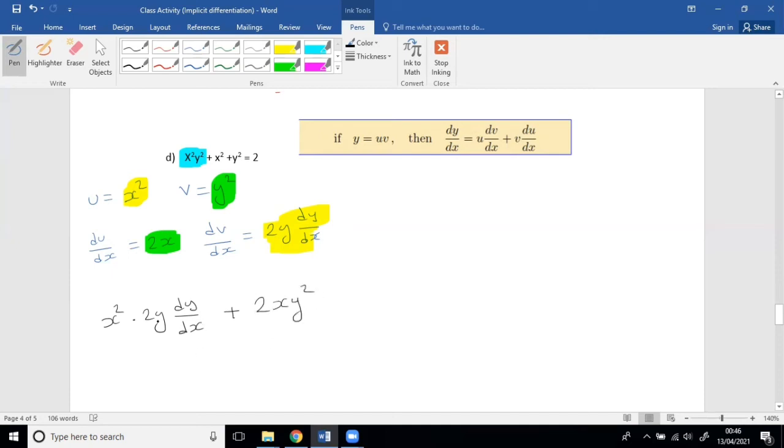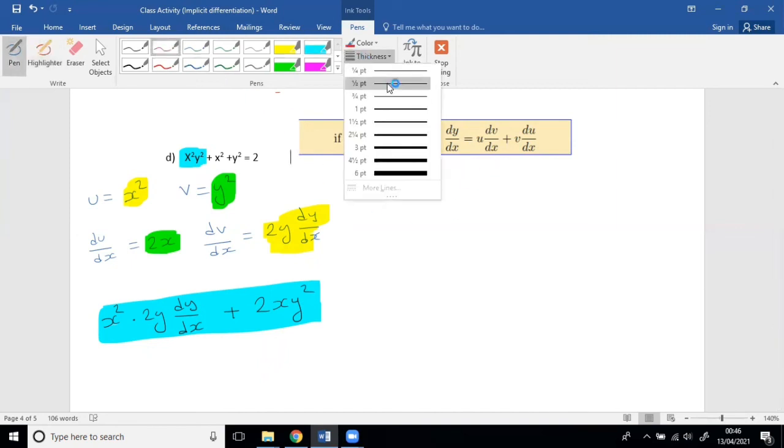Okay. Now, all of these are the differentiation of x squared y squared. So I'm going to try to write the rest of my answer in here. I'll change color as well.